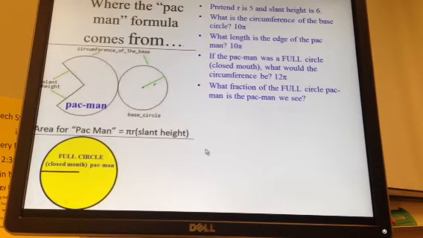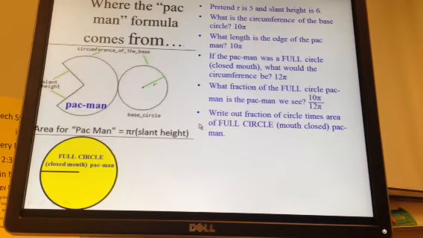So the question is, what fraction of the full circle is the Pac-Man we see? Well, the amount that we have is 10 pi. We know the full circle should be 12 pi, so our fraction is 10 pi over 12 pi. That's the fraction of the circle that we're looking at here. So write out the fraction of the circle times the area of the full circle, the mouth closed.